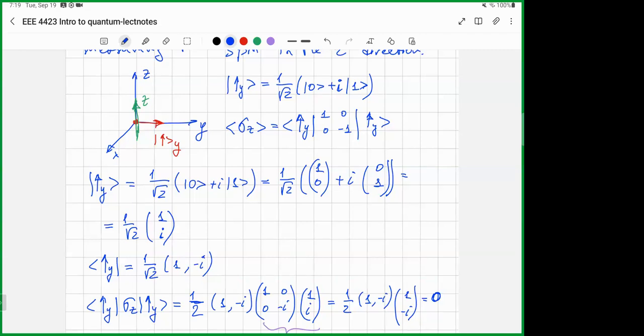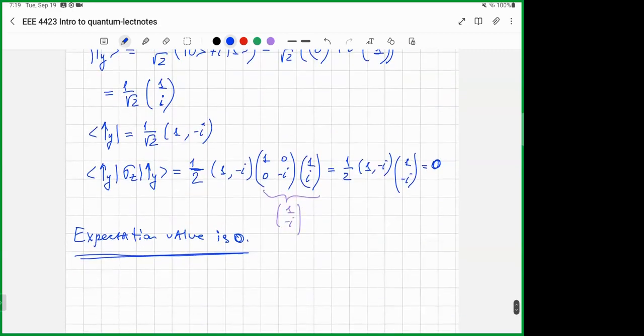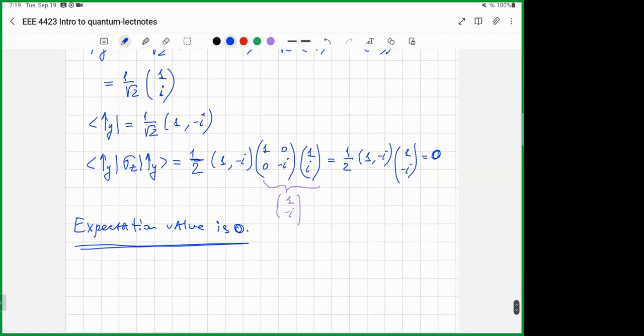But since these two realizations have the same probability of happening, after taking 100 or 1,000 or a million experiments, they cancel out each other, and the expectation value is 0. That's why the expectation value is 0.